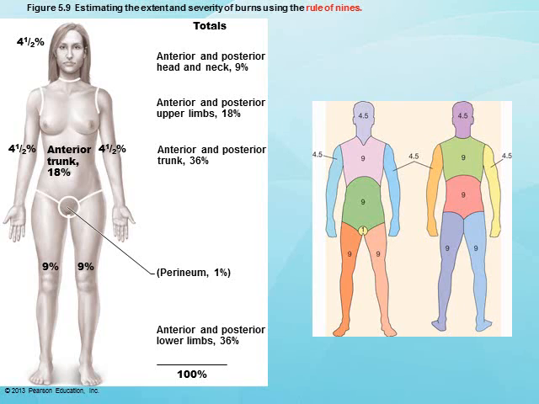All those is 11 parts, and also the pubic area is 1%. Added together, you get 100% of the body area. So you can estimate how much of the body got burned, got damaged, just by the area.